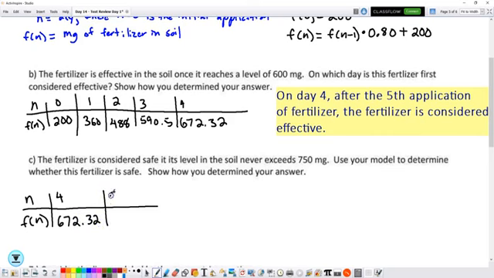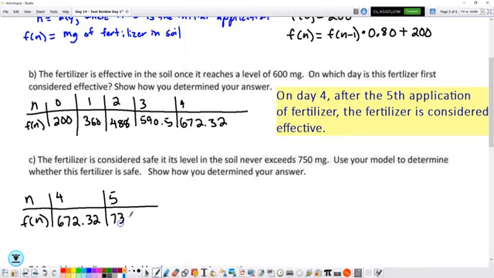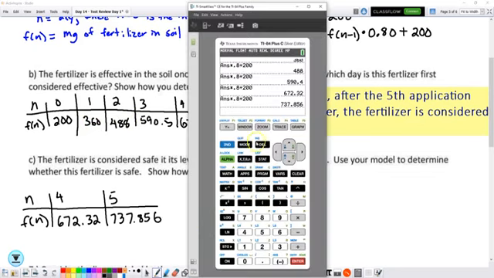Let's see what day 5 is. Grab my calculator, enter, all right, so 737.856. We can definitely see the growth is slowing. Here the level jumped 160. Here it jumped 128. It's definitely starting to level off. The question is, will it level off before it hits 750?